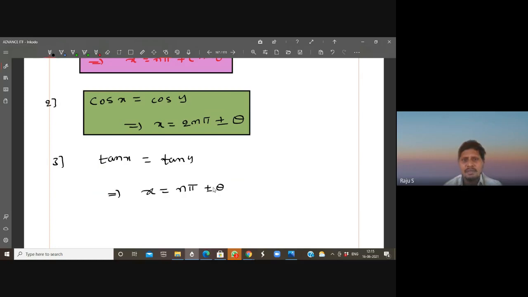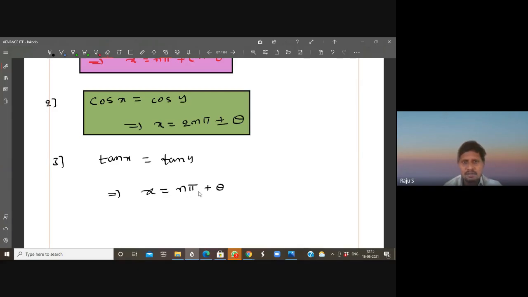Otherwise, simply remember that it is n pi plus theta. You have to take n pi plus theta.